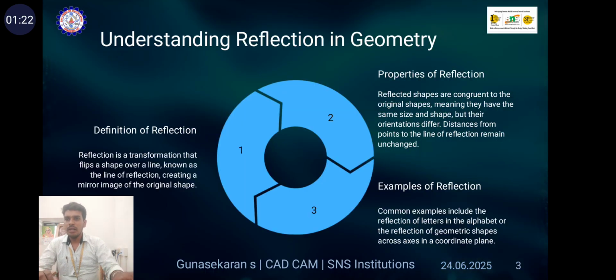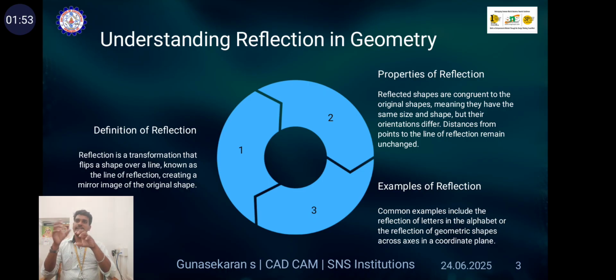Then, understanding reflection in geometry. Reflection is a type of transformation that produces a mirror image of a shape by flipping it over a specific line called the line of reflection. Every point in the original shape is mirrored across this line at an equal distance but on the opposite side.